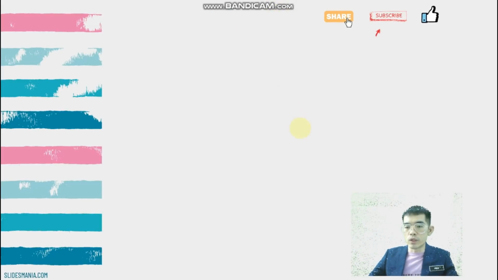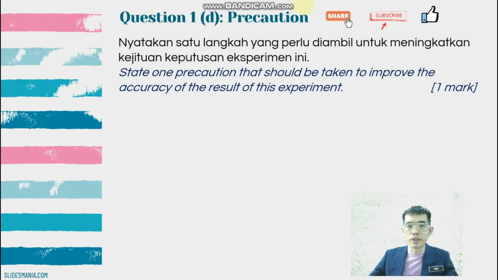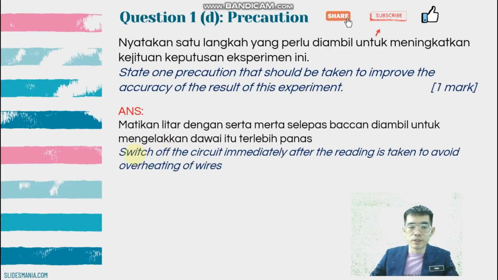Now we go to our last question, regarding the precaution. State one precaution that should be taken to improve the accuracy of the result of this experiment. The reference answer here is: switch off the circuit immediately after the reading is taken to avoid overheating of the wire.